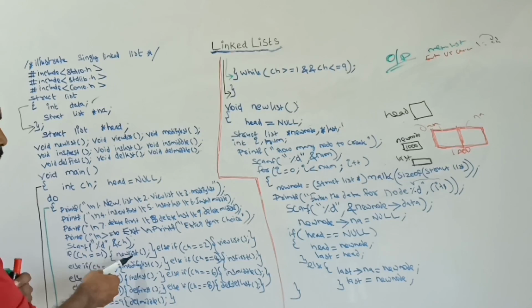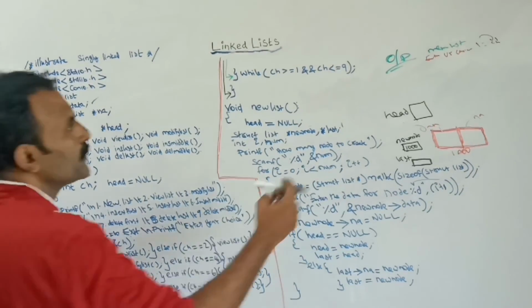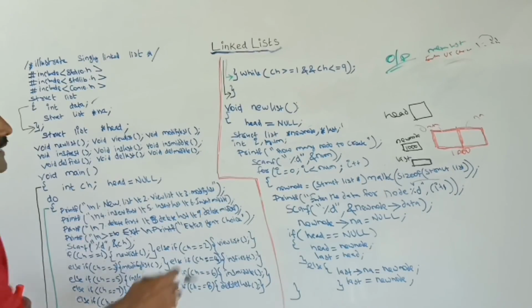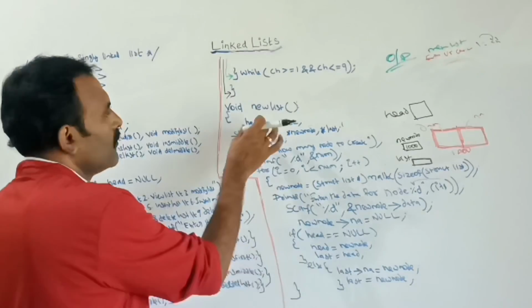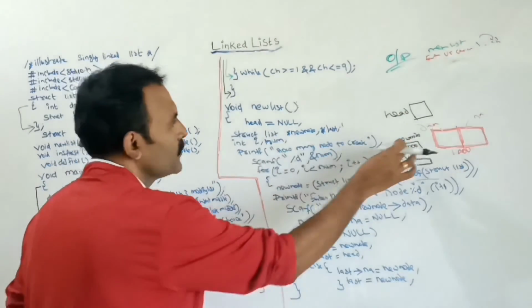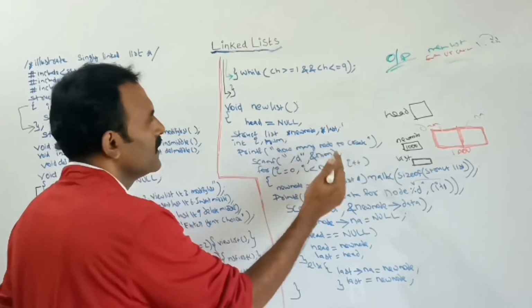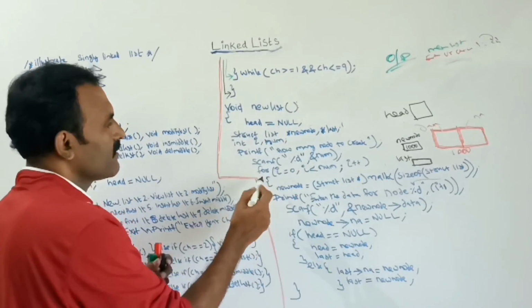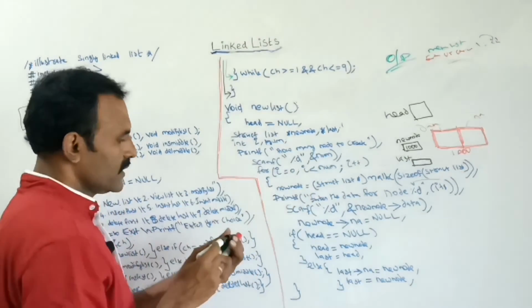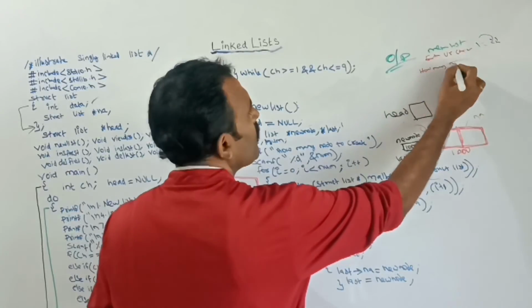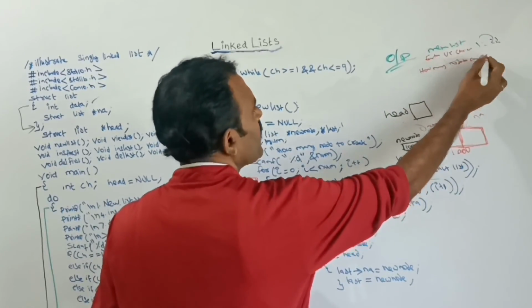If ch is equal to 1, then I am calling the new list function. So in the new list function, what are the total pointer variables we are using? Head, that is the head pointer variable, new node pointer variable, next one, this is last, this is also a pointer variable. Next it will ask how many nodes to create. This message will be displayed: how many nodes to create.